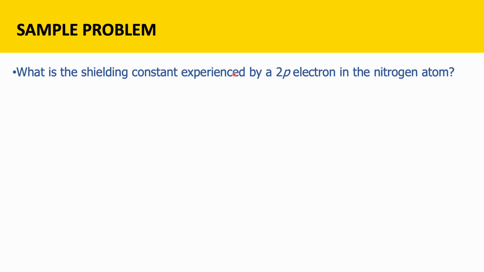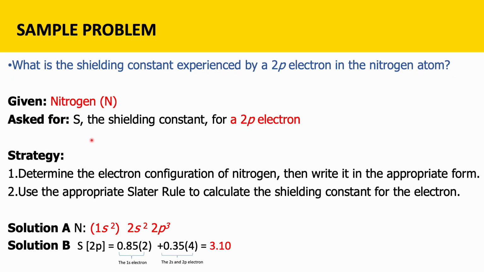What is the shielding constant experienced by a 2p electron in a nitrogen atom? You use Slater's rule to find the shielding constant and subtract it from the atomic number to find your Zeff. Our given element is nitrogen, and what is being asked is the shielding constant, or your S, for a 2p electron.